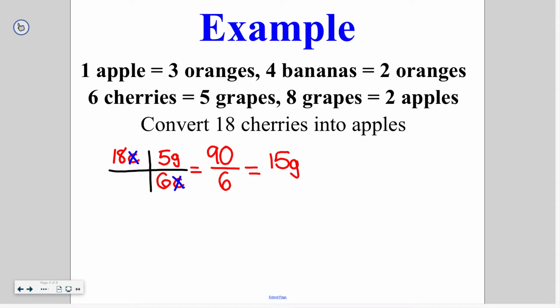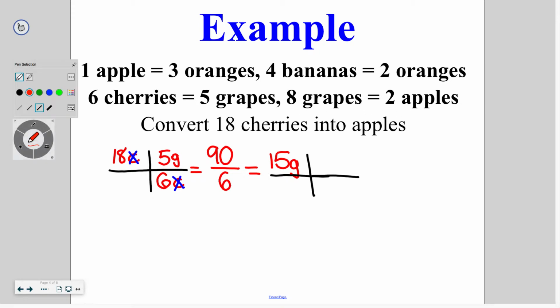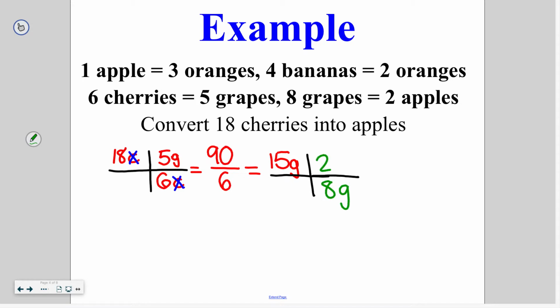Now I'm going to go ahead and do a second step because I'm not at my goal yet. I want to turn my grapes into apples, and I have another conversion to do that. So again, right now I have 15 grapes, so I can trade in 8 grapes at a time and get back 2 apples at a time. So again, what we have is 15 grapes, we're trading in 8, and we're getting 2 back.